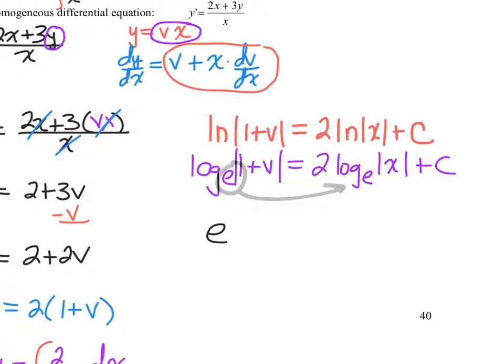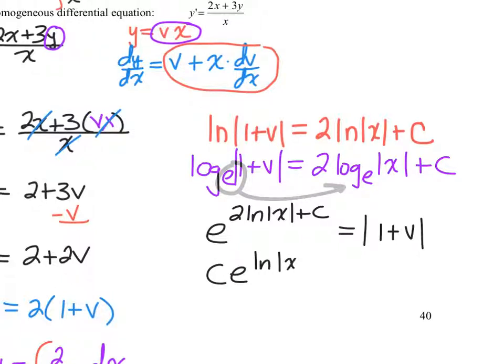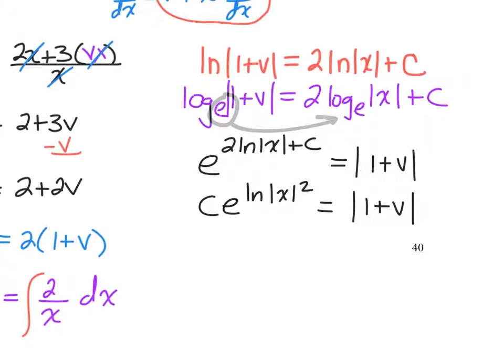So e to the 2 ln x, once I made my decision to use this as my base e, I'm going to write the other one in the ordinary form. All right, so this is really C e to the ln of x squared equals, I'm going to write it all with the absolutes until this very next step where I'm going to drop all the absolutes with justification.